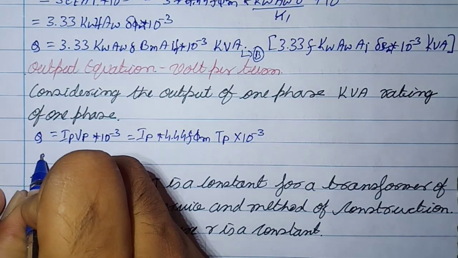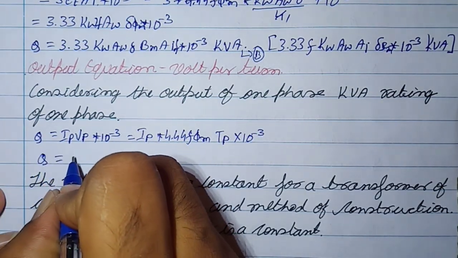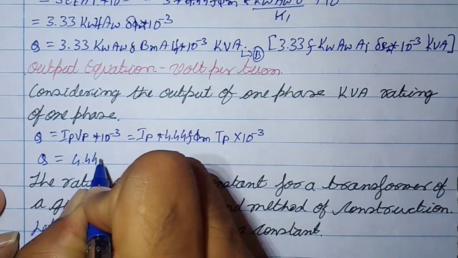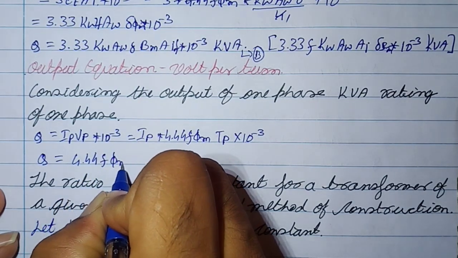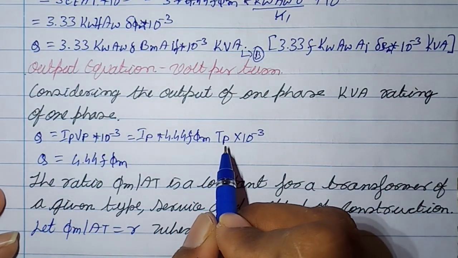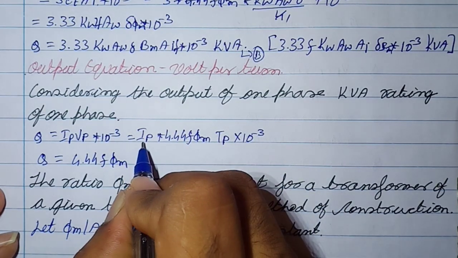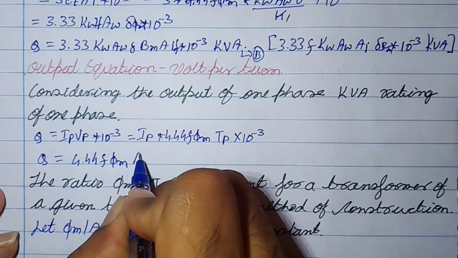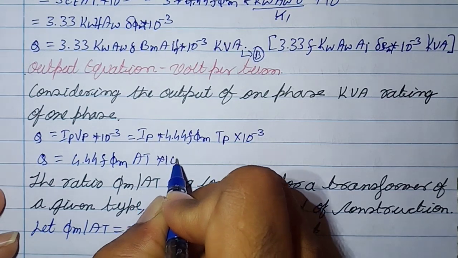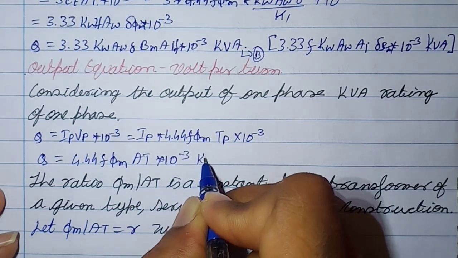So Q is equal to 4.44 F phi m Tp into Ip, which is ampere turns, into 10 raised to minus 3 kVA.